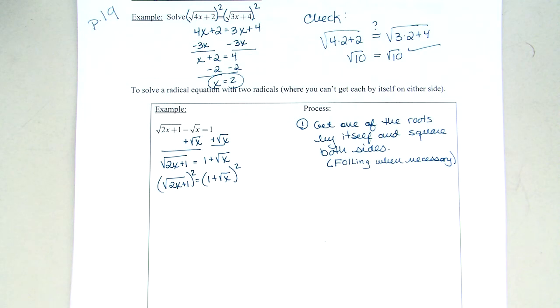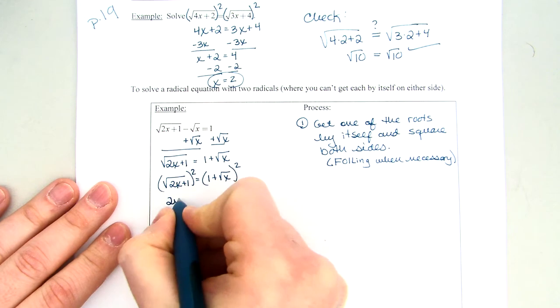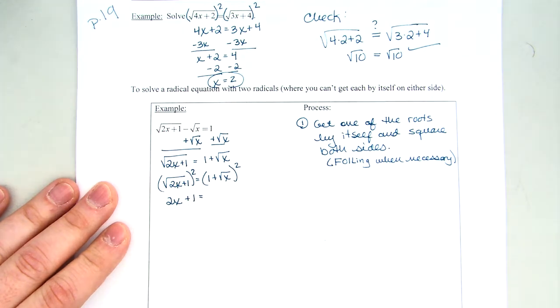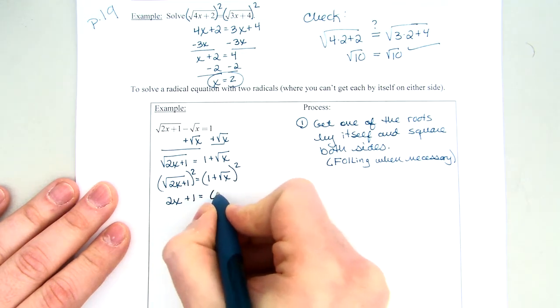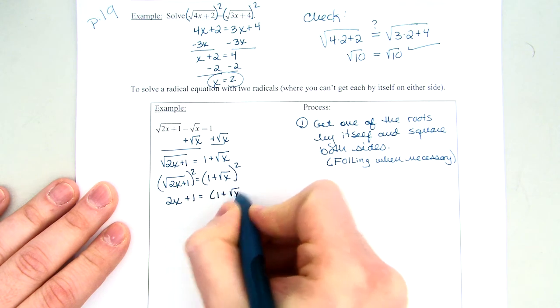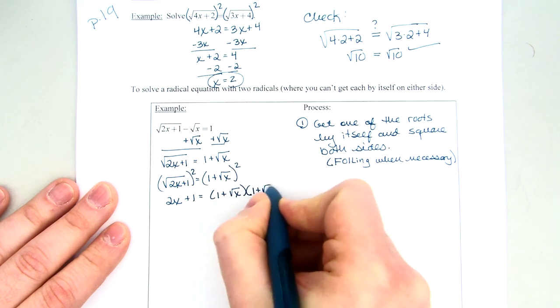The left should be really easy, though. Square that square root, you're going to get 2x plus 1. However, on the right, we're going to get something like this.